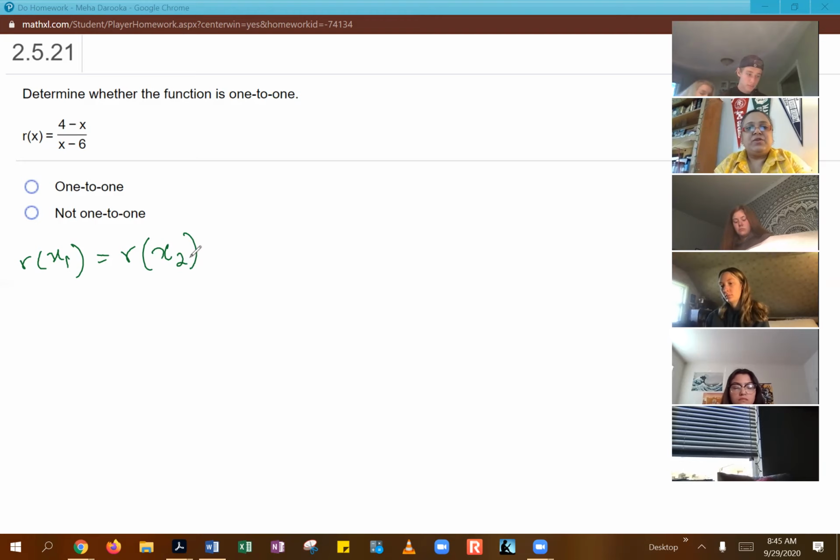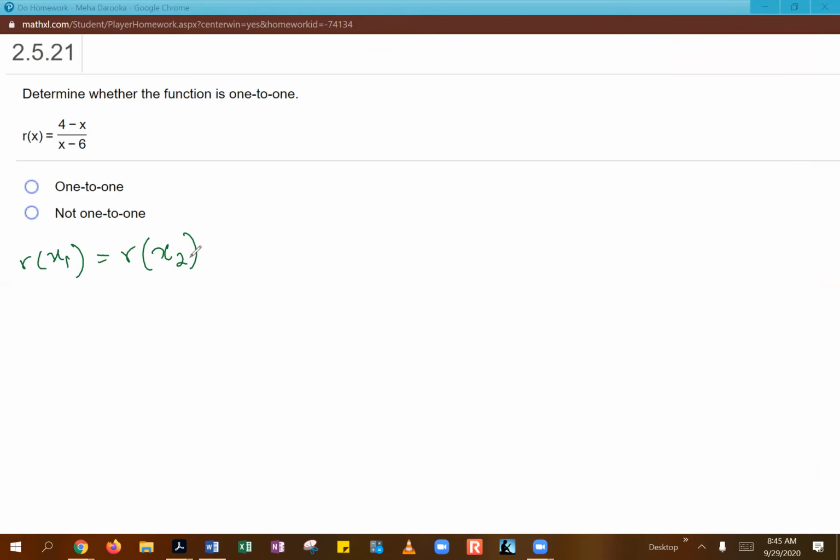And so on each side, we are going to replace our x values by x1 and x2. Wherever you see x in that original function is where we replace it with x1 and x2. So on the left-hand side, where I have r of x1, that will become 4 minus x1 divided by x1 minus 6.